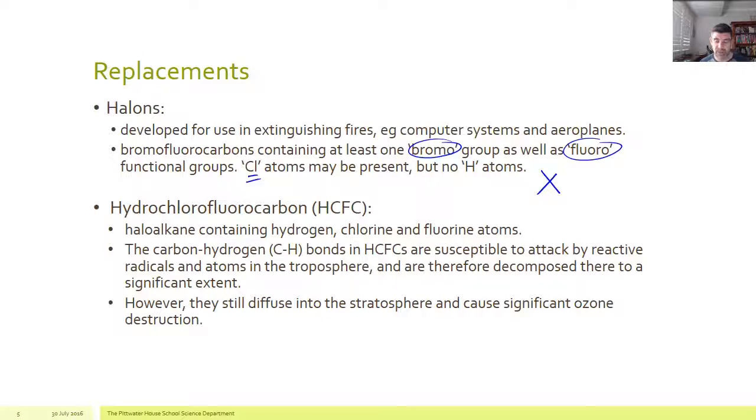The HCFCs, which were there, one of the things that we were looking at as a potential replacement as well, contain hydrogen, chlorine, and fluorine. The problem that we have is the carbon-chlorine bond, and that's the one that really causes those chlorine free radicals, which are the ones that damage the ozone molecules. And so this one again was still not a great solution.